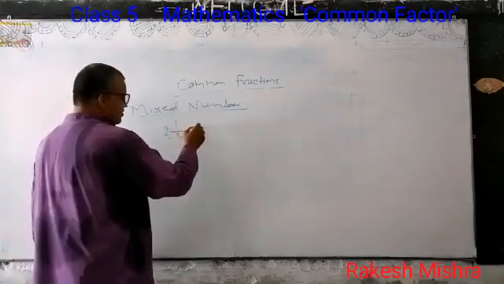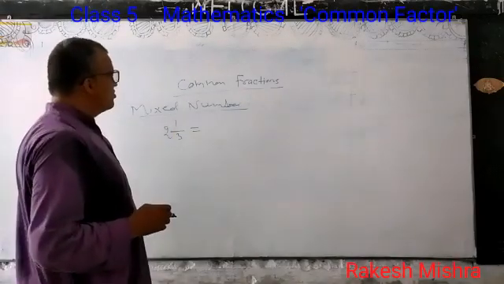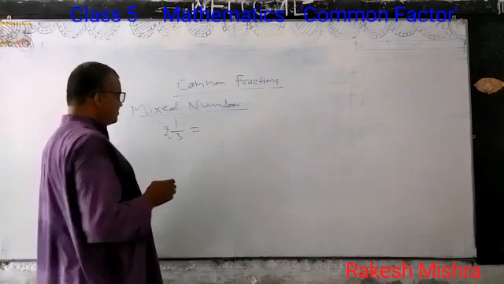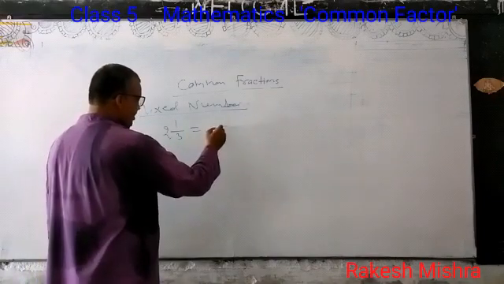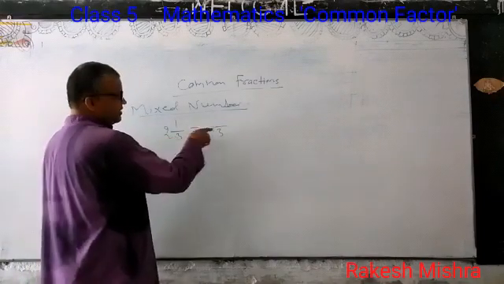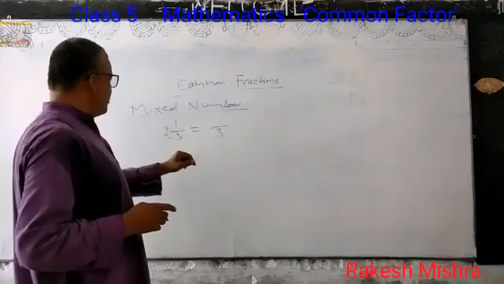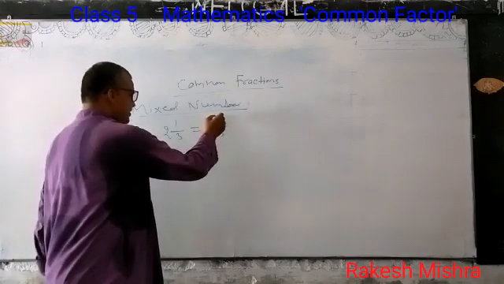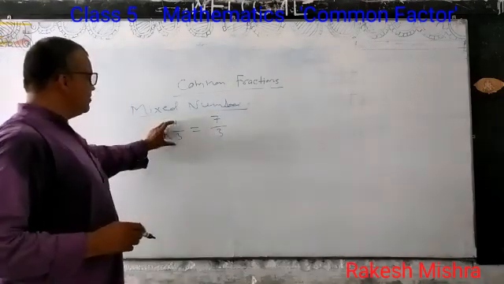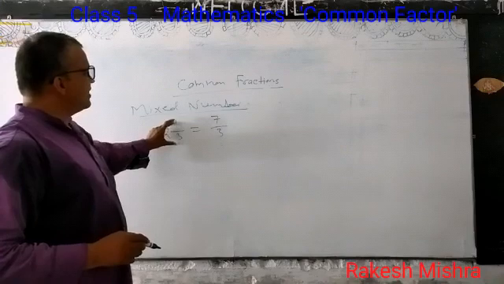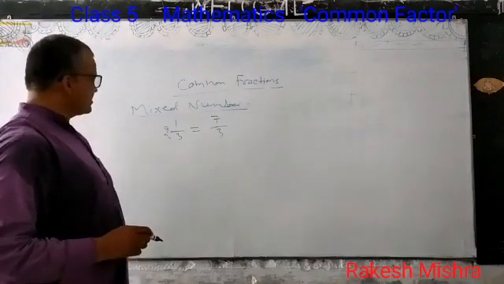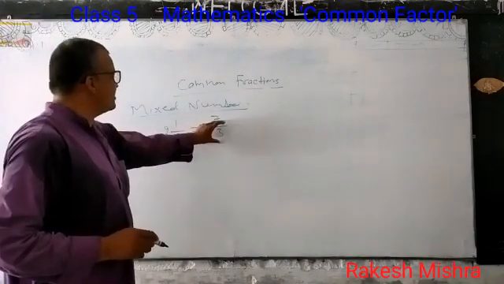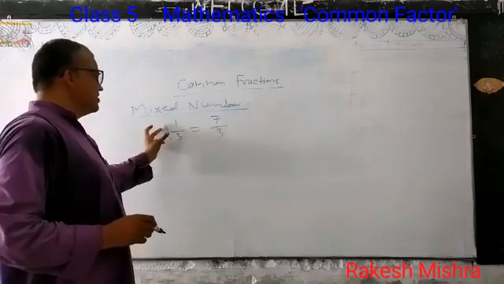It may be converted into common fraction. How? Here we should write 3 denominator same. In our numerator 3 twos are 6 and this one 7. It means this mixed number can be converted into this common fraction, and this common fraction is also converted into this.